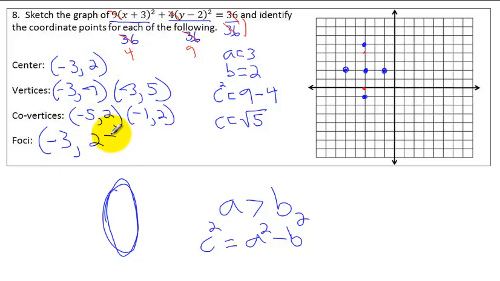But the Y value 2, we're going to add and subtract the value of C, which in this case is the square root of 5. So that's where that comes from. And then you just try to, as best as possible, curve your lines, which I am horrible at, but let's see how good that can be, and then we connect them. Okay, not too bad. All right, there's your ellipse.